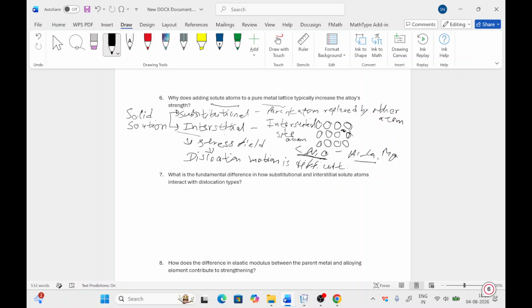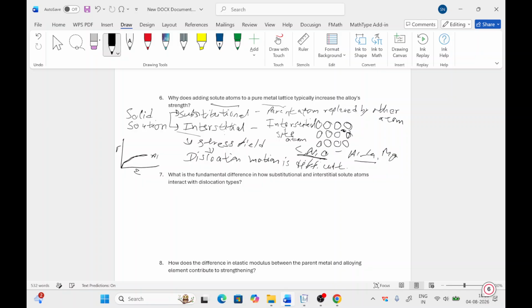And it depends on the concentration of the substitutional or interstitial atoms also. Like if you make a stress strain diagram, sigma versus epsilon, this is the curve for the pure aluminum.